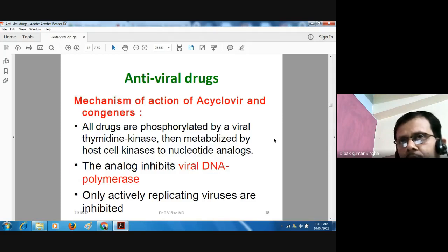If DNA to DNA is not formed, there is no chance of transcription, translation, or protein synthesis. Ultimately, death of the virus may occur. So this is the mechanism. In a few words, it stops the phosphorylation by inhibiting the enzyme thymidine kinase.